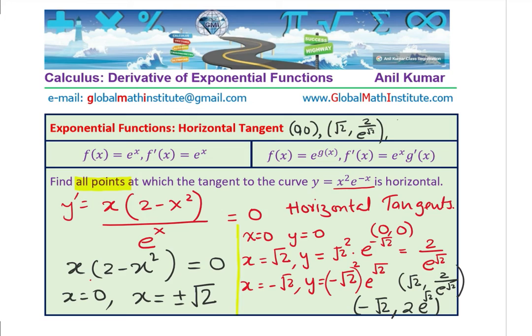And if we take the negative square root, then it is 2 times e to the power of square root 2, correct? So these are the 3 points on this particular curve where we have a horizontal tangent. Is this clear to you? Perfect. So that is how we are going to answer this particular question, right?